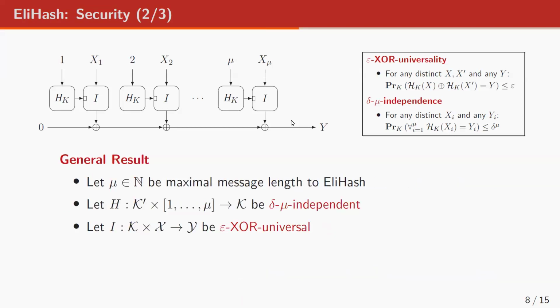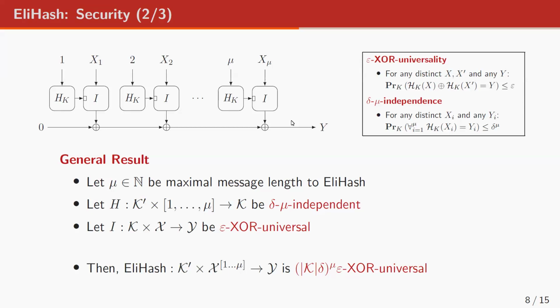So what's the general result? We say if mu is the maximum message length, the maximum number of blocks that get processed, if h is delta mu independent, so if h, the one that processes the master key and the counter values and generates the subkeys, satisfies delta independence, and if I is epsilon XOR universal, then Eli hash is XOR universal up to this term.